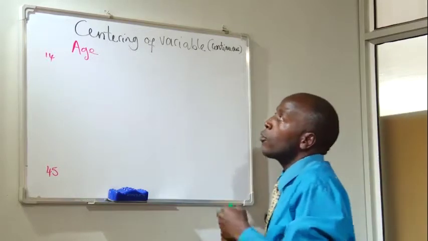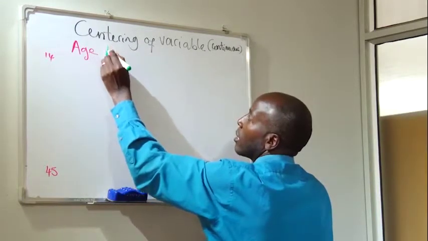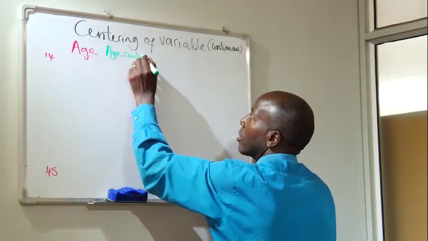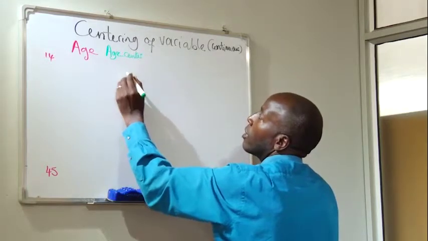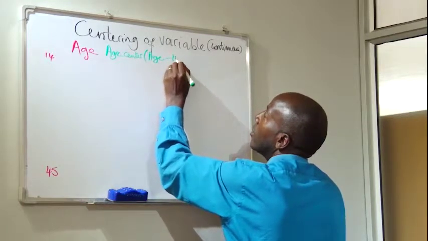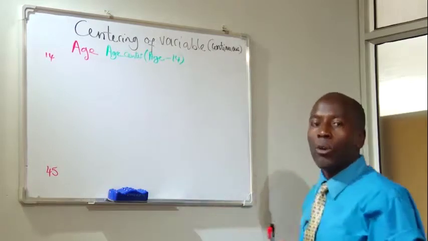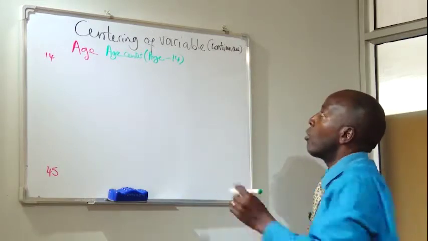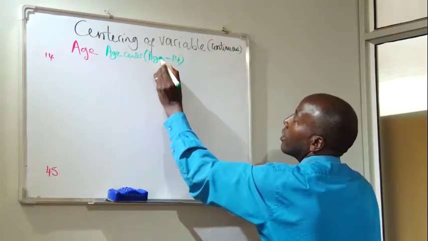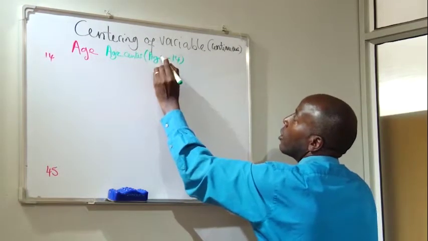So we generate a new variable known as age centered. This age centered is going to be equal to age minus 14. We set the variable according to its lowest value: age minus 14, and that is age centered.